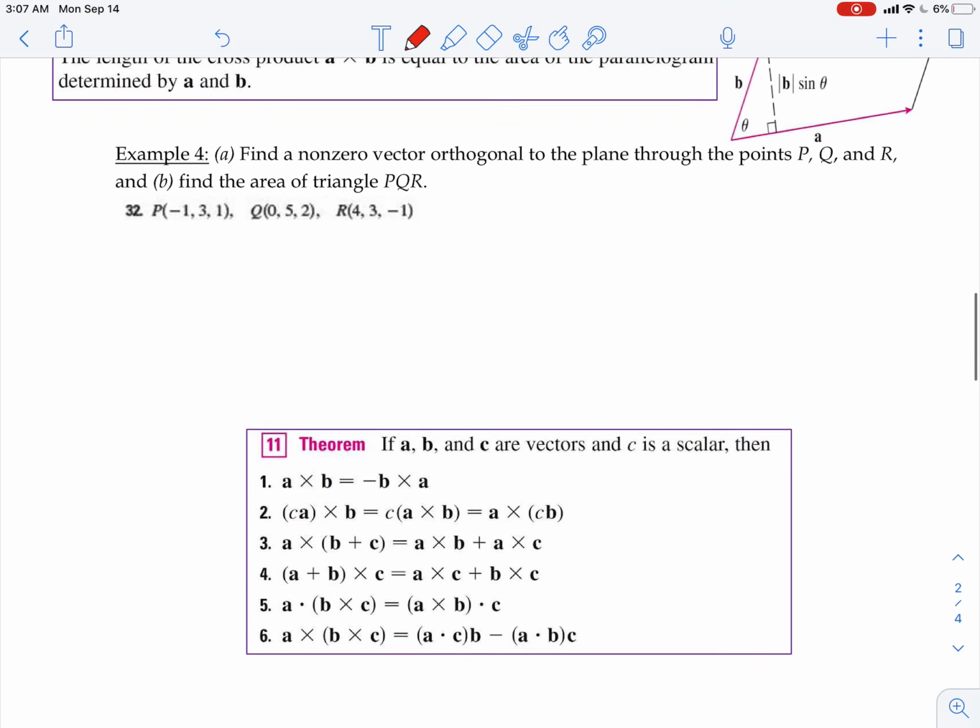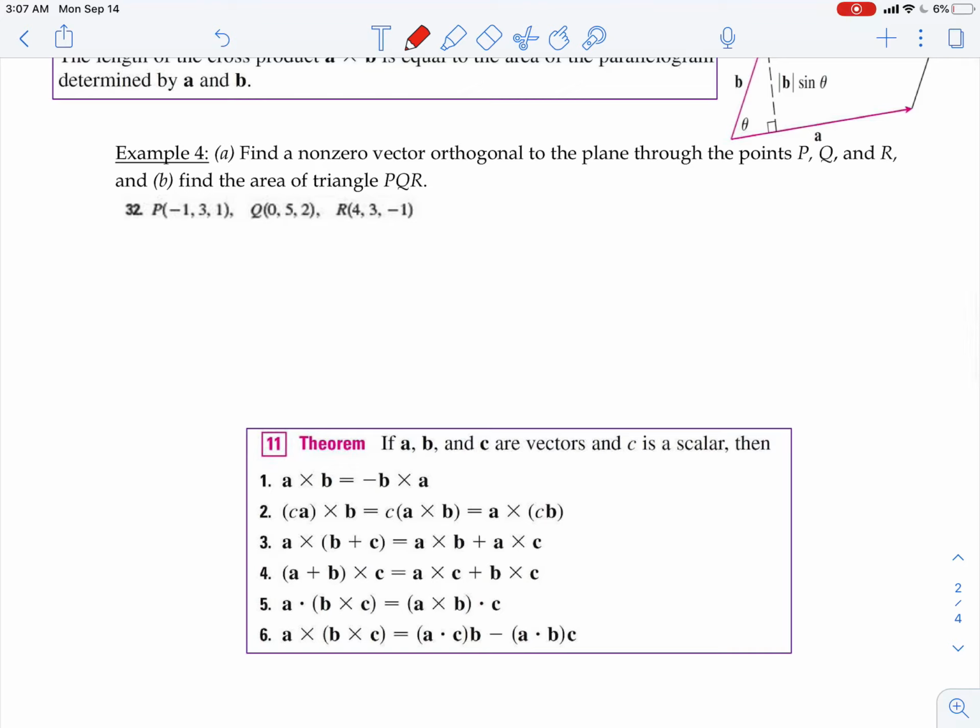Alright, so here we want to find a non-zero vector orthogonal to the plane through points P, Q, and R, and find the area of the triangle PQR. The first thing that we're going to do, since these are actual points, is find some vectors.